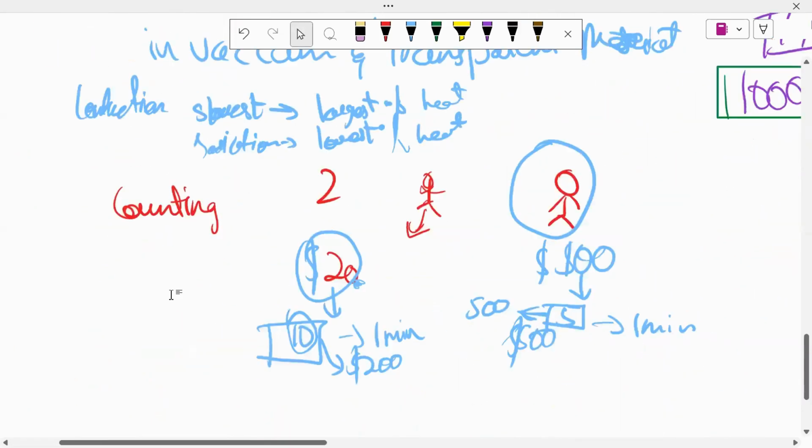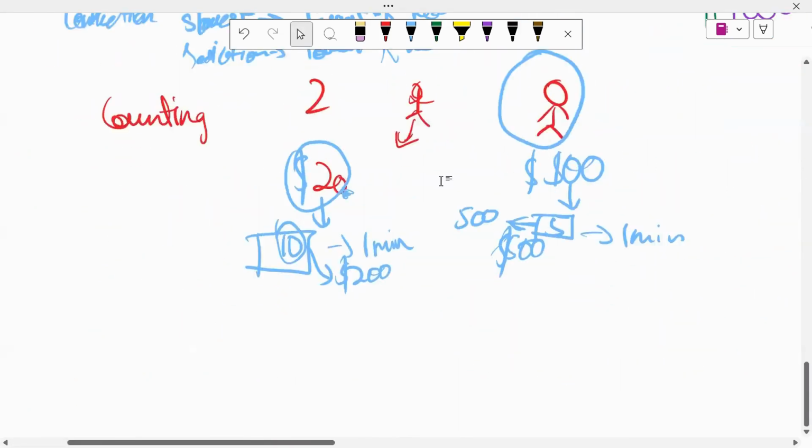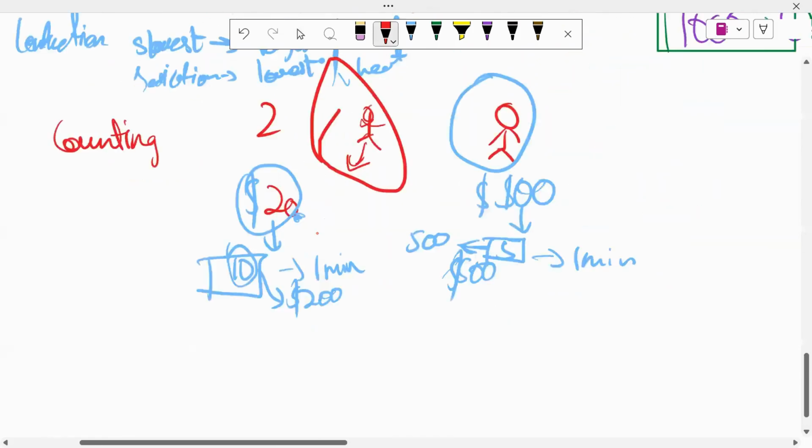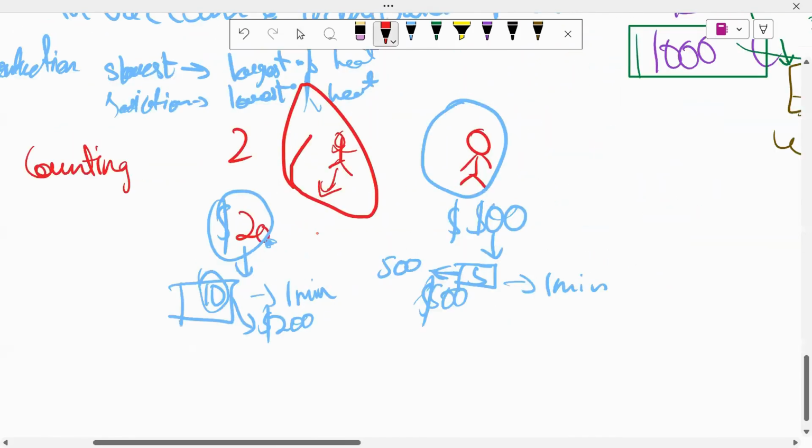Let me explain it with an example. Like for example, there are two people. One person is counting $20 notes, and he counts 10 notes in 1 minute, while the other person is counting $100 notes, but counts only 5 in a minute.